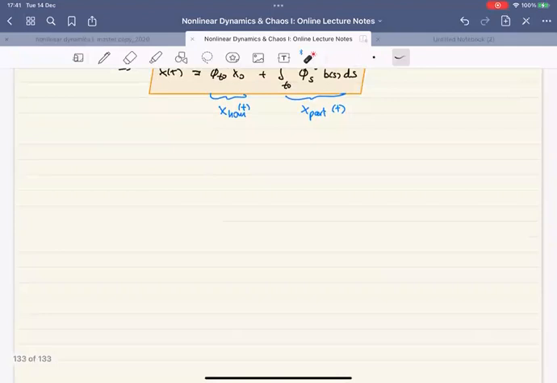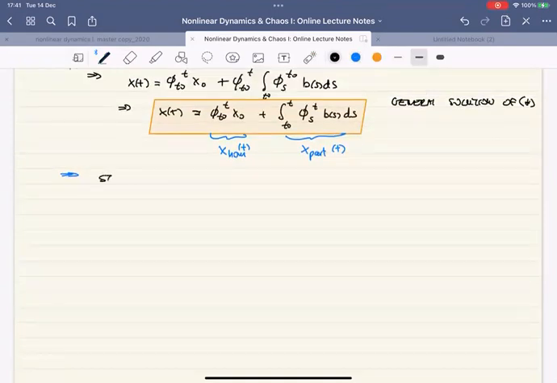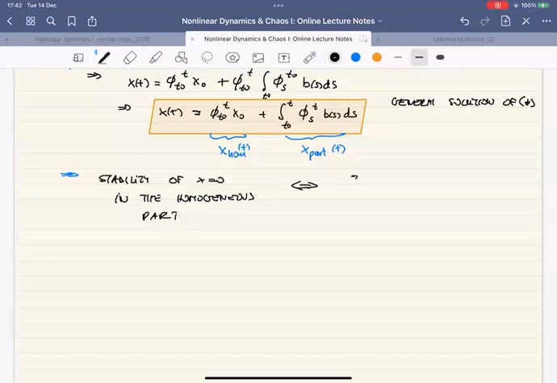Okay, so let me just spell some of this out. The stability of X equals 0 in the homogeneous system part is equivalent to the stability of X particular of T as a solution in the full linear system, which has the inhomogeneous part as well.